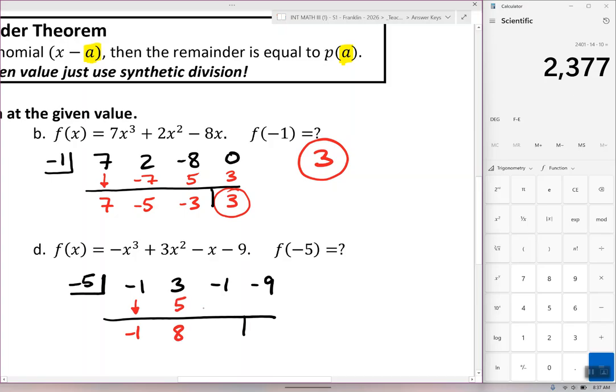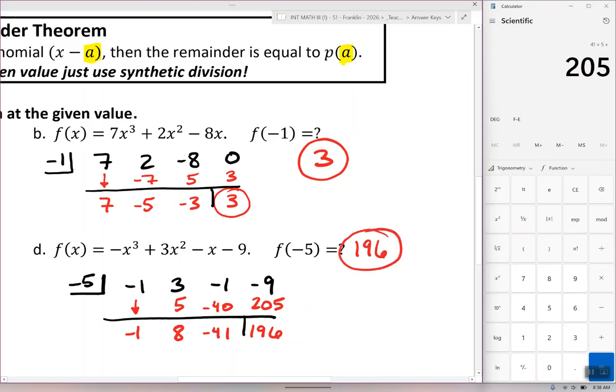Times -5 is -40. Plus -1 is -41. Times -5. Let's go ahead and double check: 41 times 5 is going to be positive 205. Plus -9 is 196. So there is our answer, 196.